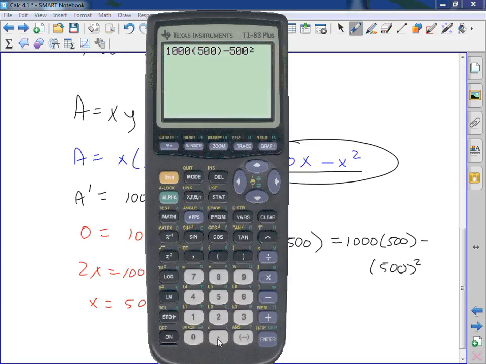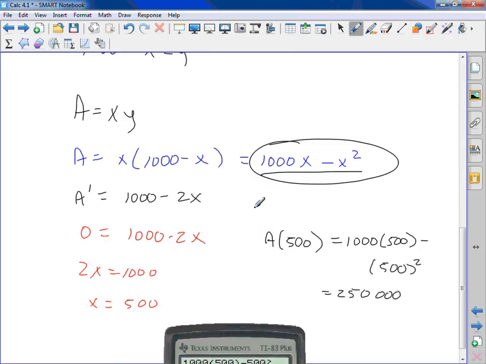Put in the calculator. The answer is 250,000. What are we talking about here? Meters, feet. That is the maximum area I could have.